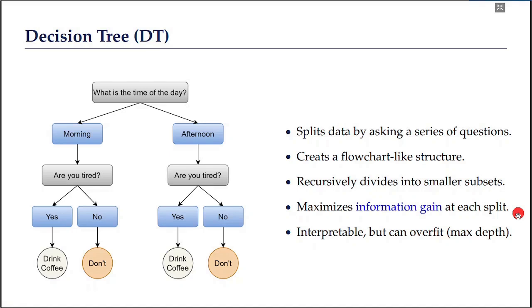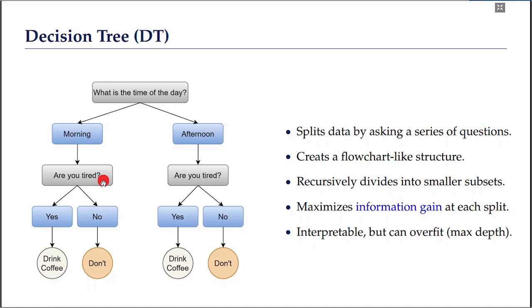For example, let's say we have two variables: the time of the day, and whether the individual is tired or not. It starts by splitting the data on the time of the day. If morning, then it asks another binary question: are you tired?